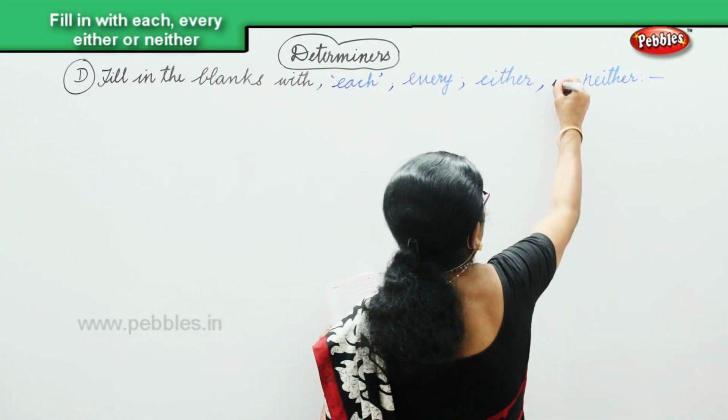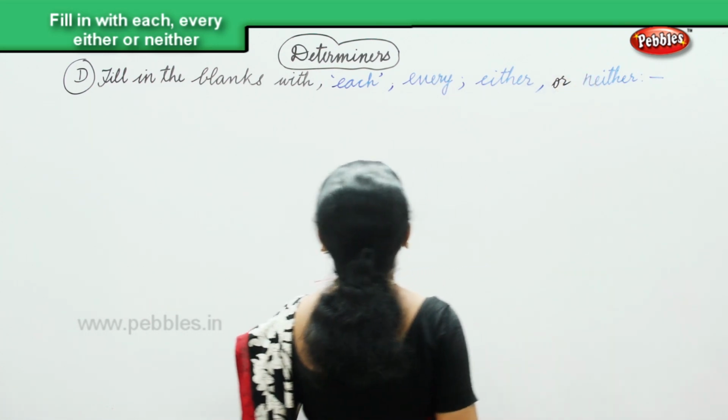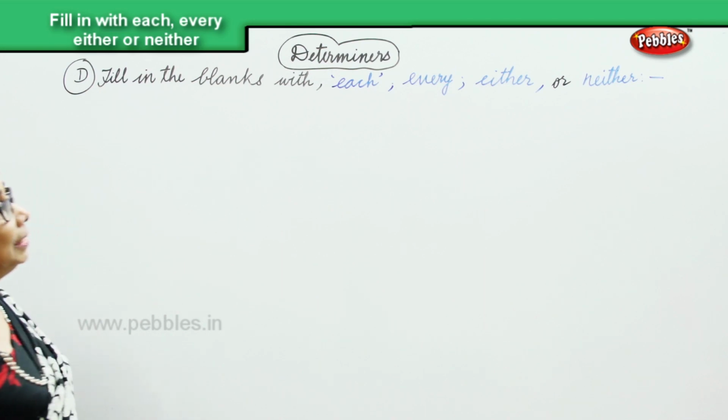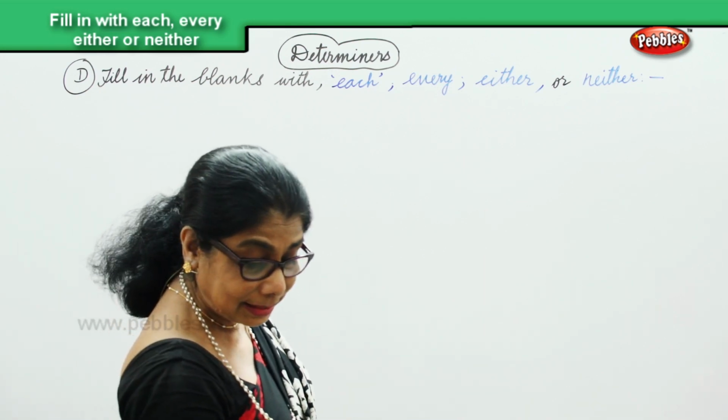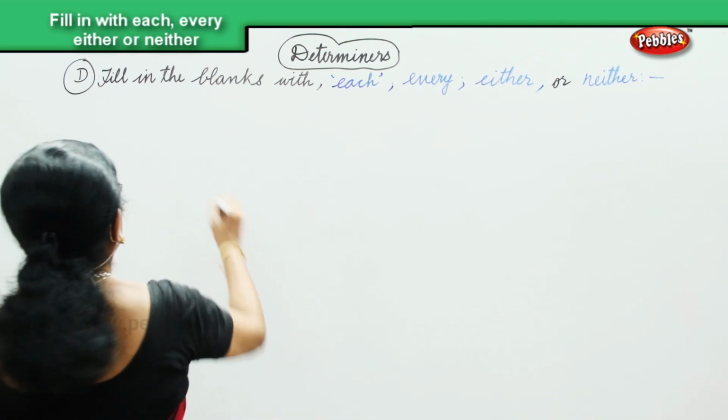So we're going to practice our determiners, each, every, either, neither, in the sentences that I'm going to write.